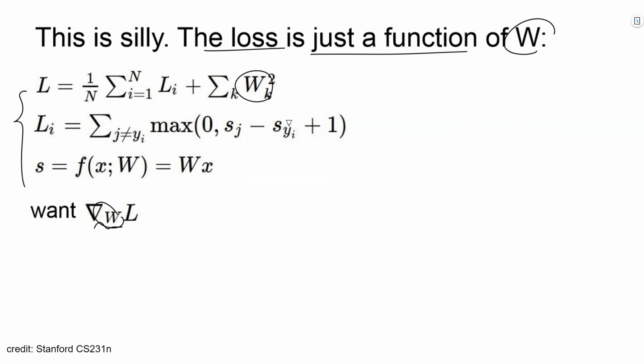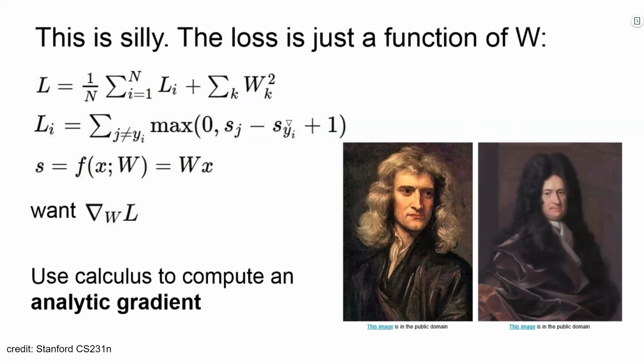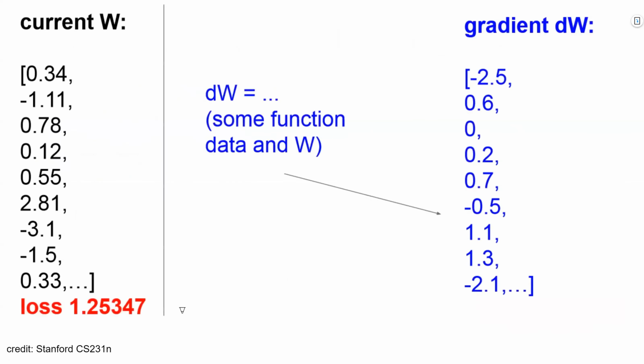Therefore, we can calculate the gradient with respect to W. And we are going to use calculus, Newton and Leibniz, to compute an analytic gradient. And the gradient dW is some function of data and W.